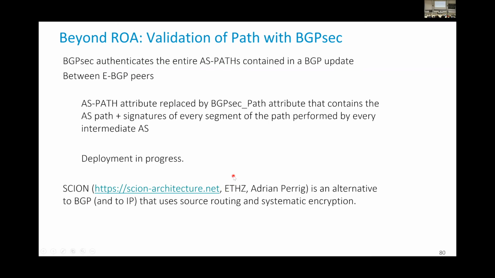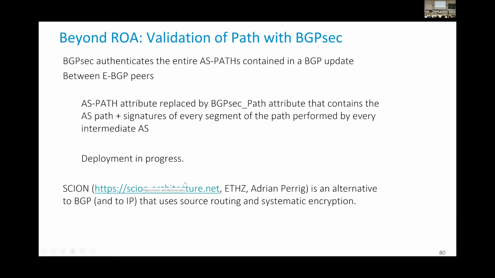Here it's an alternative to BGP, where any message that is sent is signed. So we redesigned from scratch instead of having this strange model of BGP injecting the routes at the same level and everything. We use source routing heavily. So we will route to a border router somewhere, and we can verify all the steps that are done in between. SCION is completely different from the IP architecture, although it reused some elements.